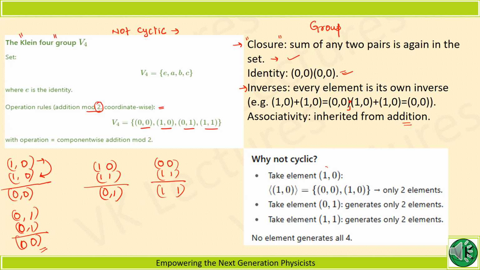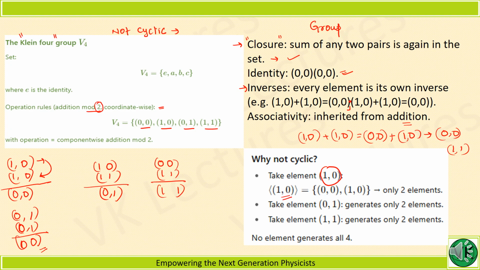For example, you take (1,0), add (1,0), you get the identity element (0,0), but again you add (1,0), you get (1,0) only. After adding (0,0), then again if you add, you get (0,0). So other elements in the group such as (1,1) you cannot get.